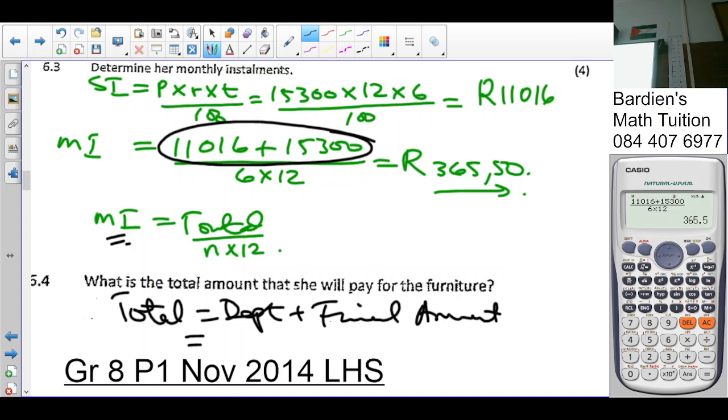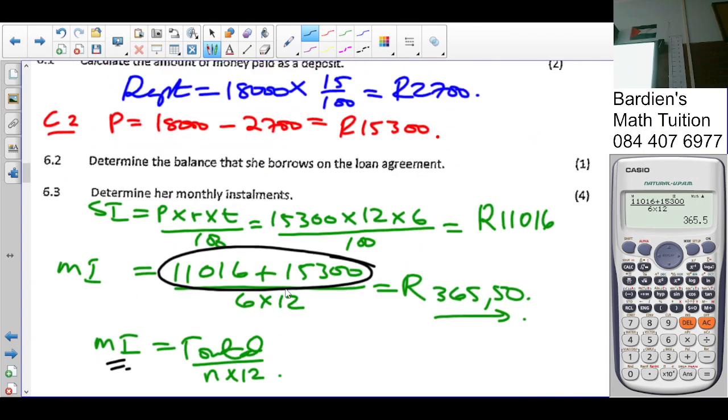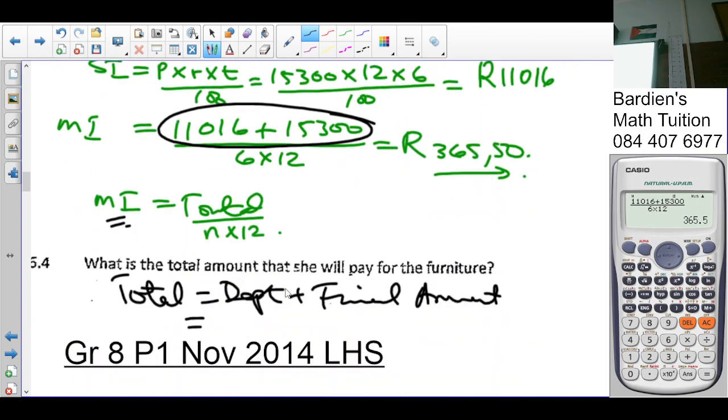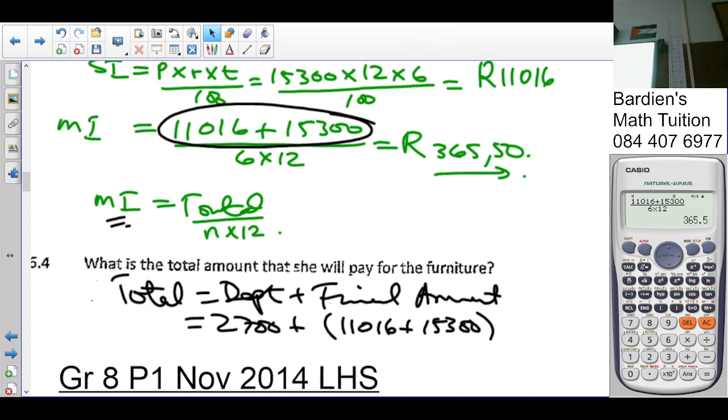The deposit here was 2,700 rand plus the sum of 11,016 rand and 15,300. So it's going to be 11,016 rand plus 15,300 plus 2,700.